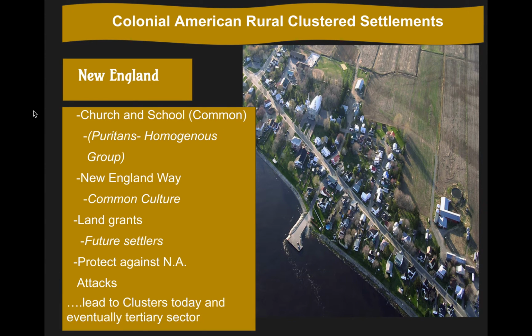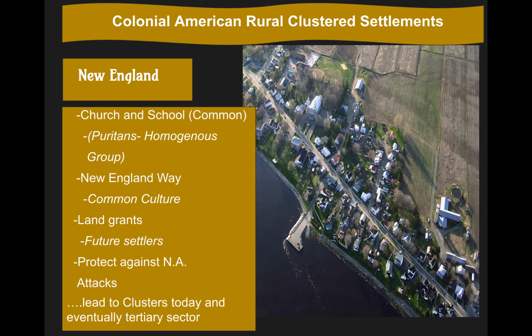All right, let's talk about some of the rural clustered settlements. These would be found in the northeastern colonial settlements, where we see New England, where most of the clustering will be around the church. There will be a homogeneous landscape. There will be a high density with a common culture called the New England Way.